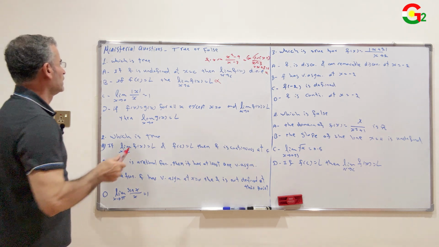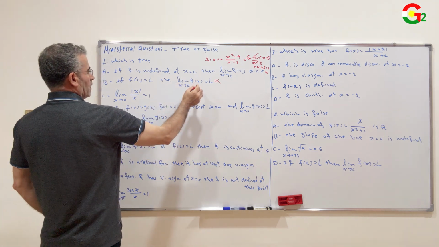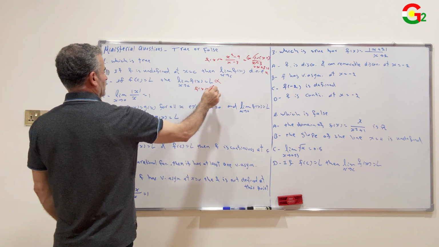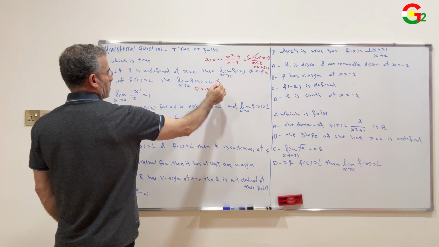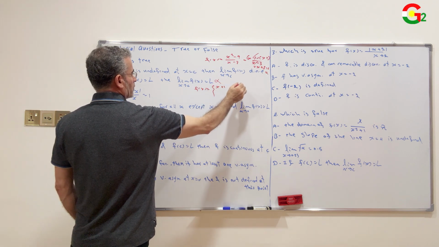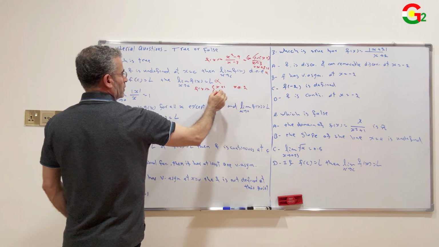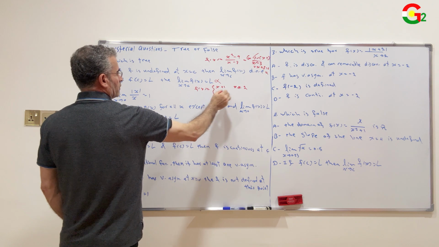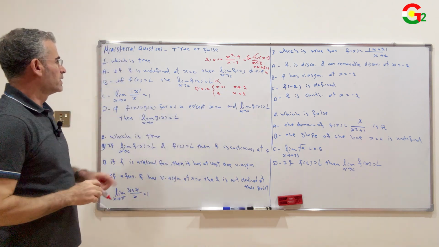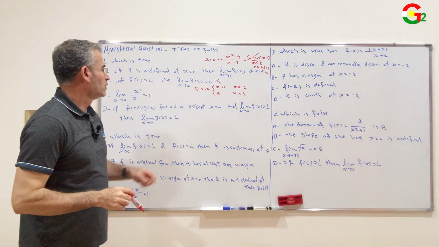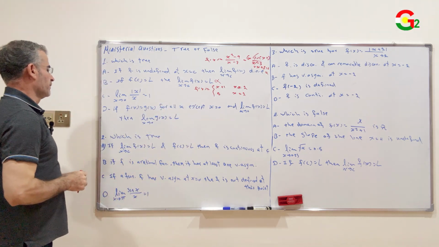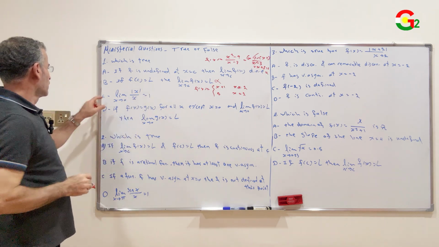For example, if we have a piecewise function x plus 1 when x is not equal to 2, and 5 when x equals 2, then the limit of this function when x approaches 2 is 3, but the value of the function is 5. So this is also wrong.